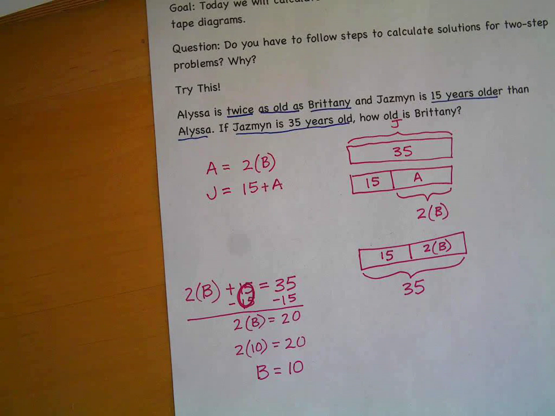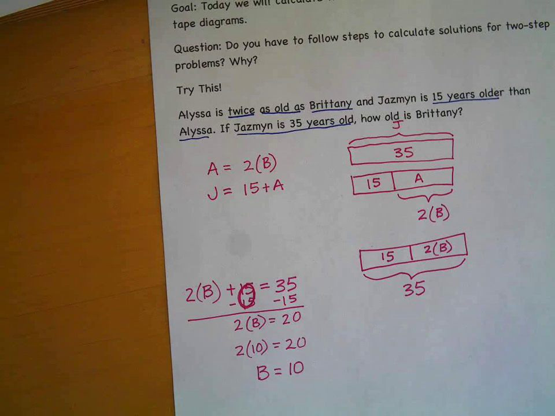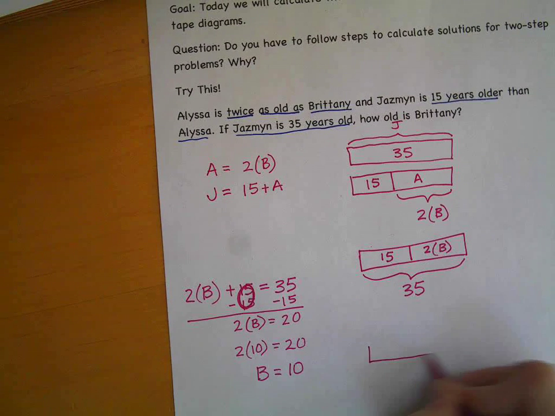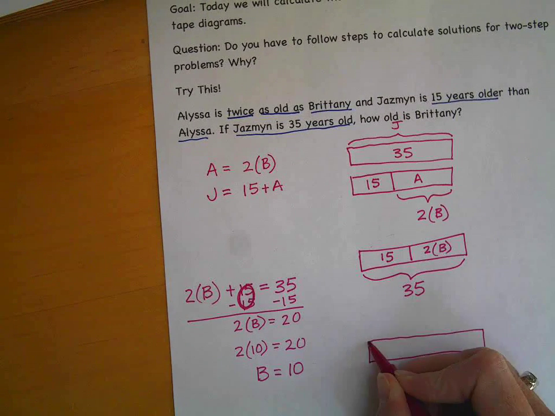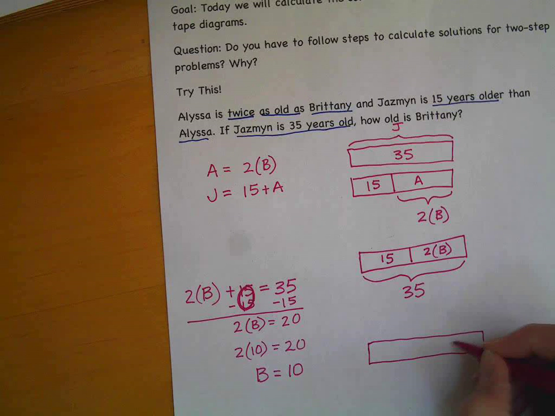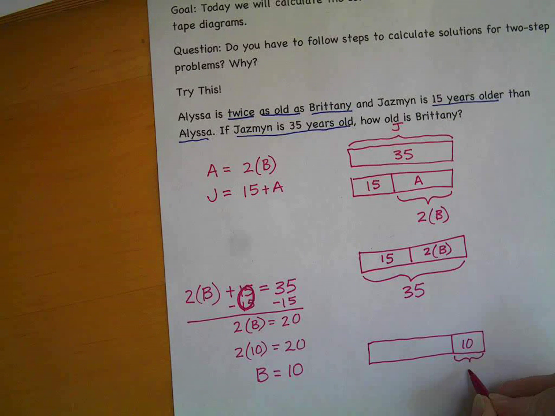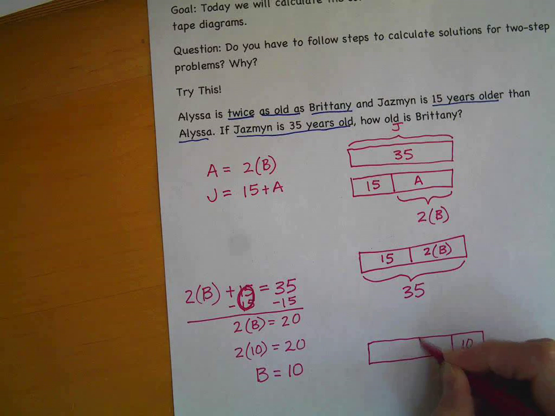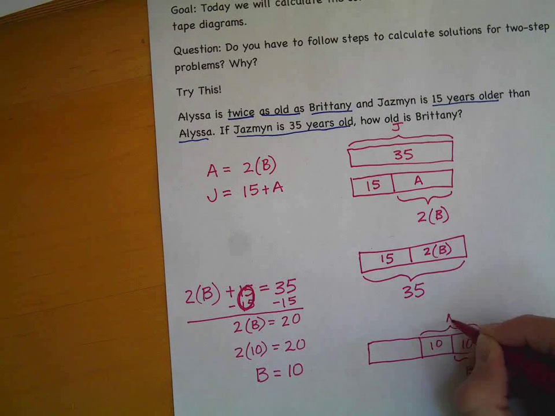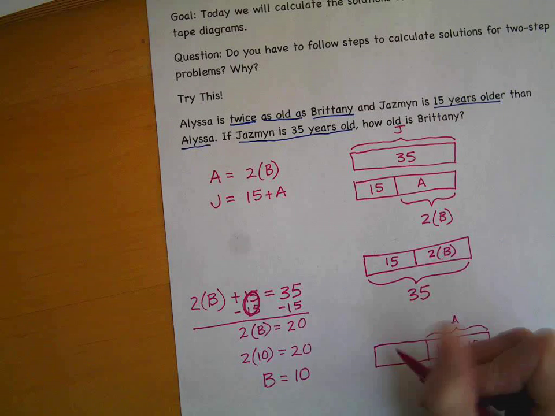Okay, and so that's how we are able to use a two-step problem to figure out the age of Brittany. If we think about it like this, we could draw the tape one last time and see if it works. So we know that Brittany is 10, right? So that would be Brittany. And then we know that Alyssa is twice Brittany's age, so that would be Alyssa.